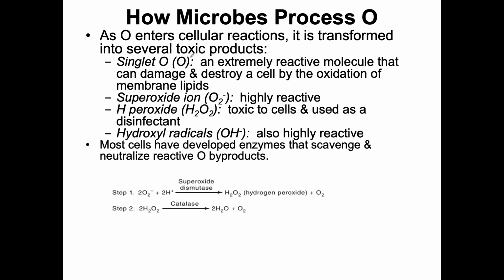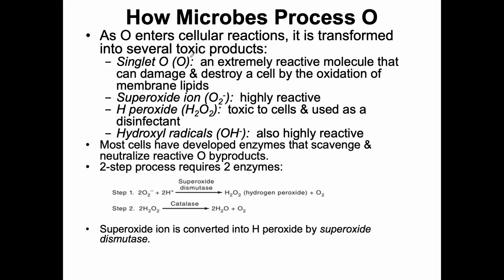A lot of cells have enzymes that scavenge and neutralize oxygen byproducts. Some examples are superoxide dismutase, which can take oxygen and some protons and make hydrogen peroxide and oxygen. And then hydrogen peroxide can be broken down by catalase into water and oxygen.